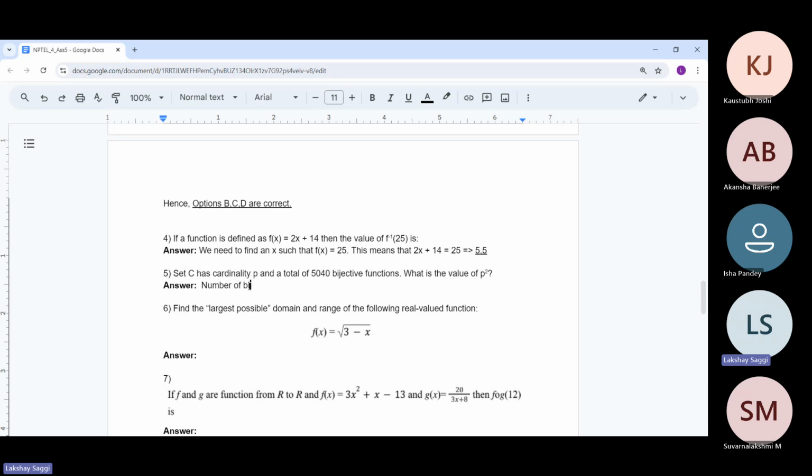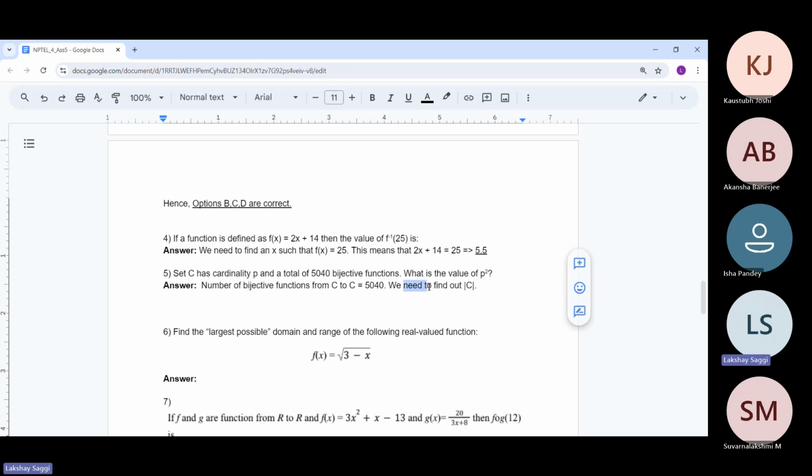This means that the number of bijective functions from C to C is 5040. So the number of bijective functions where the domain is also C and codomain is also C is equal to 5040. And what we need to find out is first the cardinality of C, right? Cardinality of C is P, and only after finding P will we be able to find P square, right?